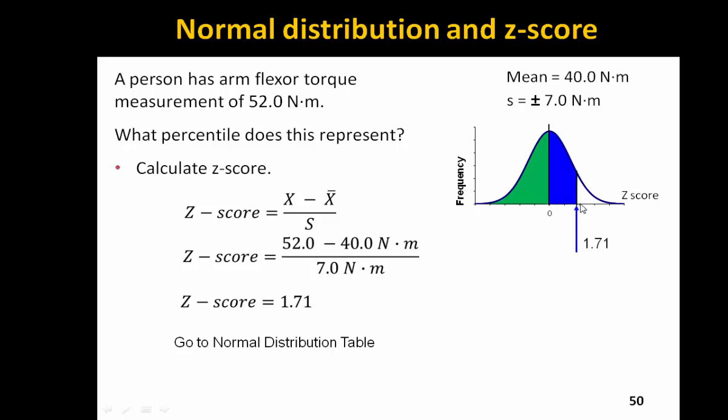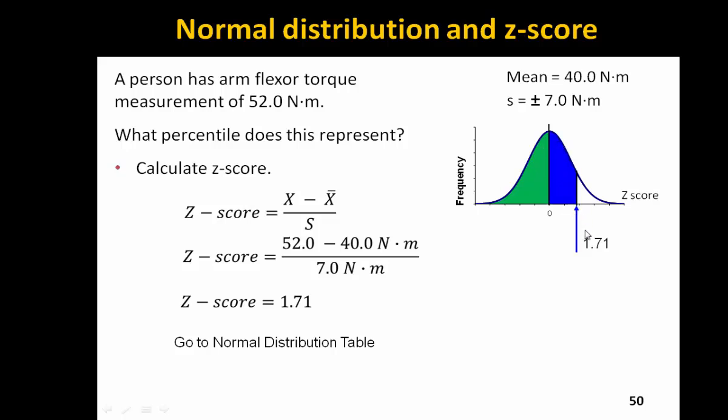You see the 2 and 3 and 4, and so on, and on the negative side, but we're just going to concern ourselves with the positive side for now, since our z-score was a positive value. So 1.71 along the x-axis sits somewhere around here, and I just visually estimated that with my arrow.